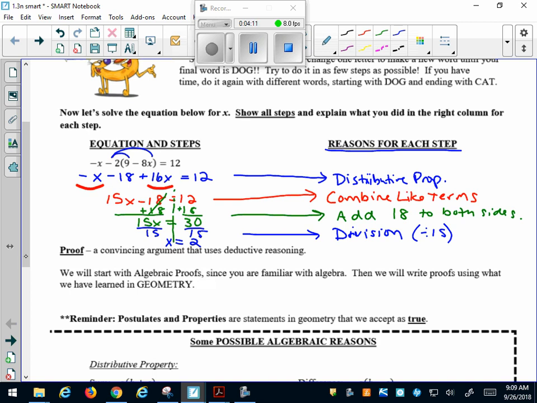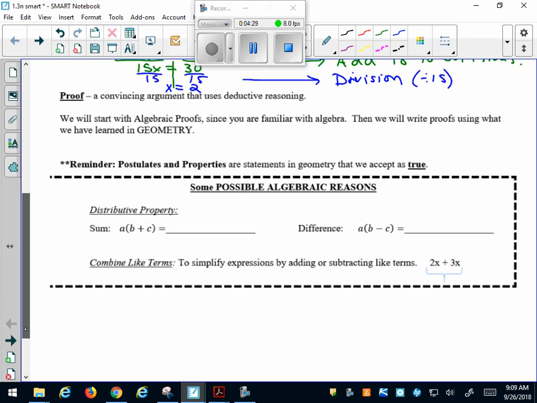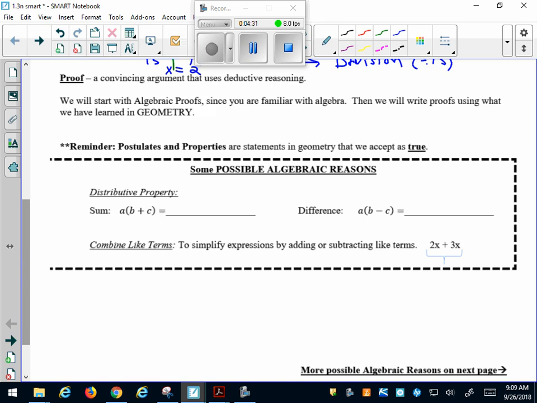So a proof is a convincing argument that uses deductive reasoning. Again, we're starting with algebra because you know how to do that. You were able to give me all of the reasons there. You were able to know exactly what step came next. So a couple of the properties that we are going to be using: distributive property, which you already know, you distribute by multiplying through the parentheses by whatever's on the outside.